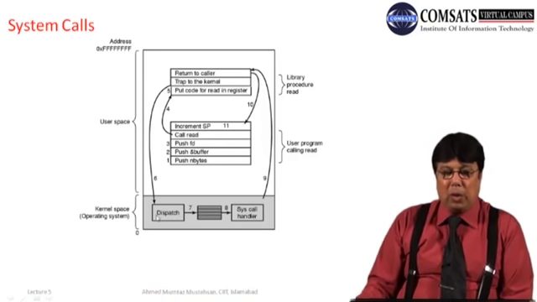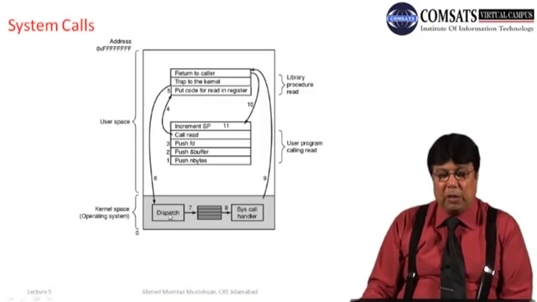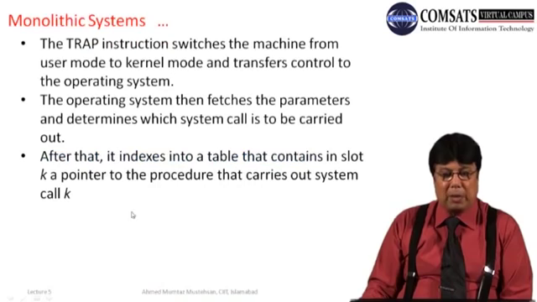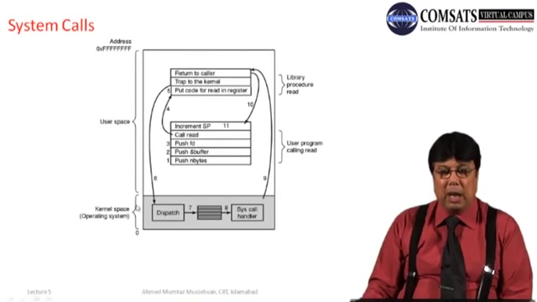So it provides you the information here, and with the help of this information you select the kth slot. If we go back to the previous slide, we said that the table contains, in slot k, a pointer to the procedure that carries out system call k. So this pointer will point you to the slot, and this slot will contain the pointer to the system call, meaning the address of which service procedure you have to call will be picked up from here.